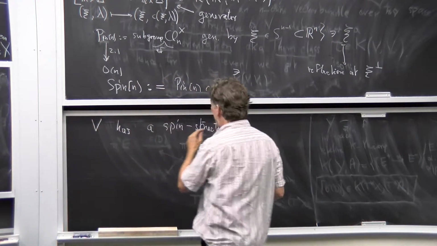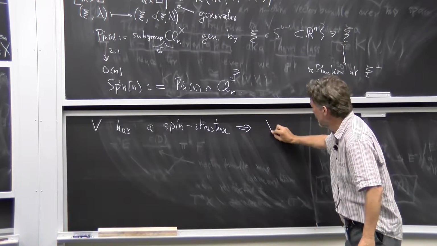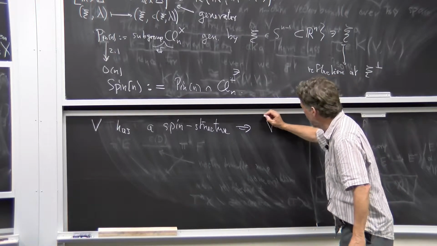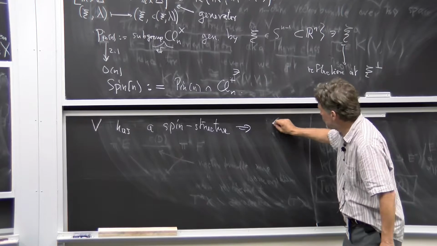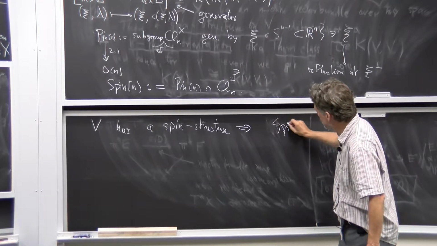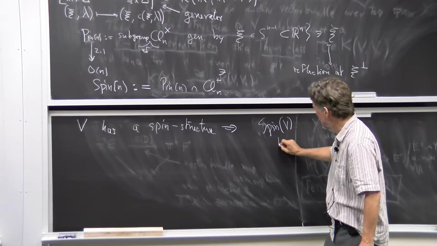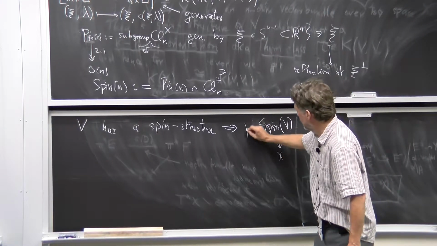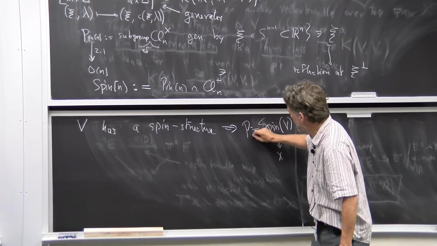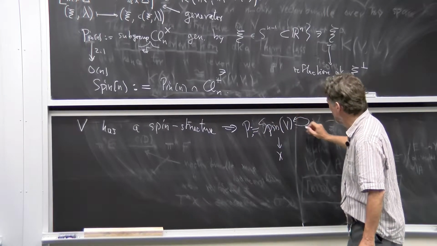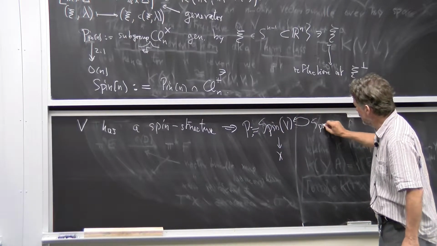So this means first off, I can construct the associated principal spin n bundle. Let me call this P for simplicity. That's a principal spin n bundle.